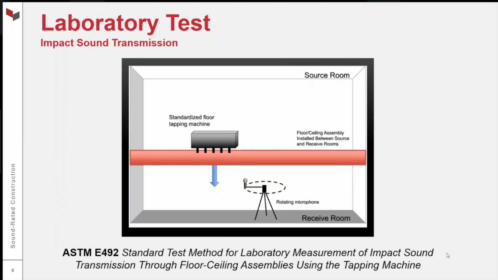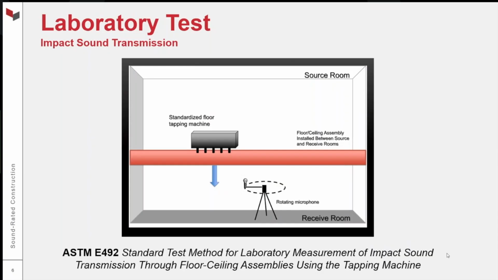You can see the tapping machine is a standardized calibrated machine that sits on the floor ceiling assembly. The standard requires that it be put in a couple different positions relative to the framing members of the floor ceiling assembly. You have a microphone, again, in the receive room that is recording the sound level of the impact sound energy transmitted through the assembly from that tapping machine.